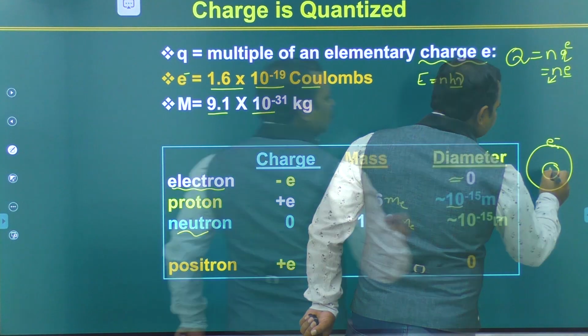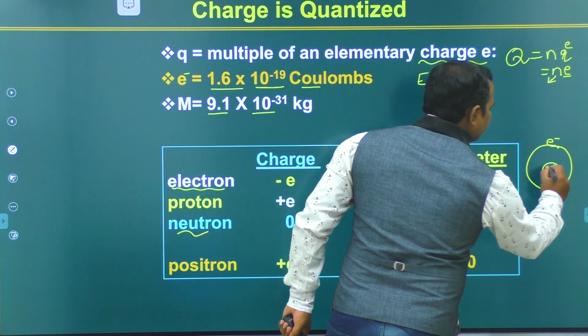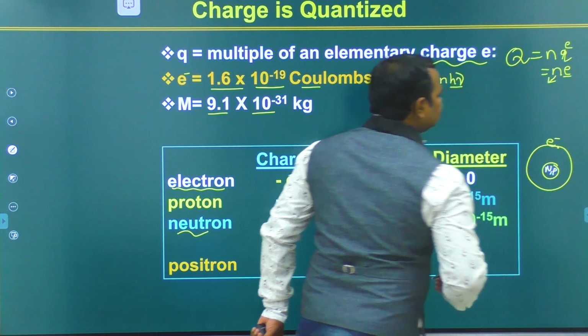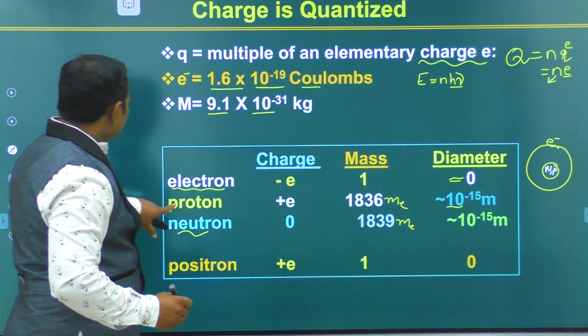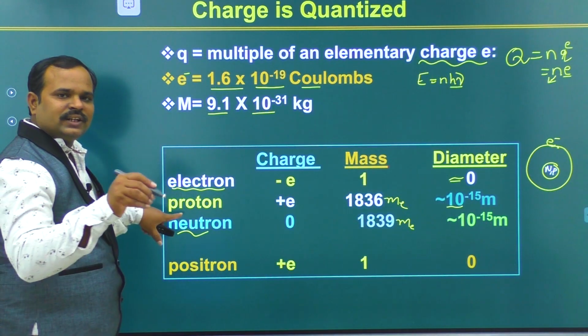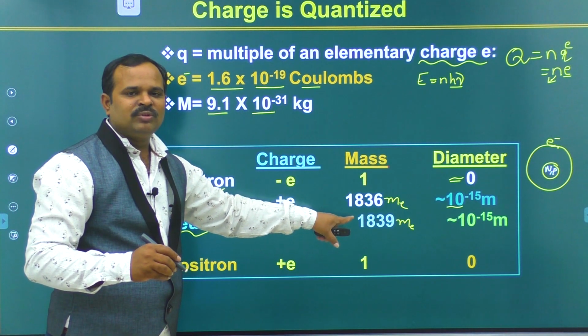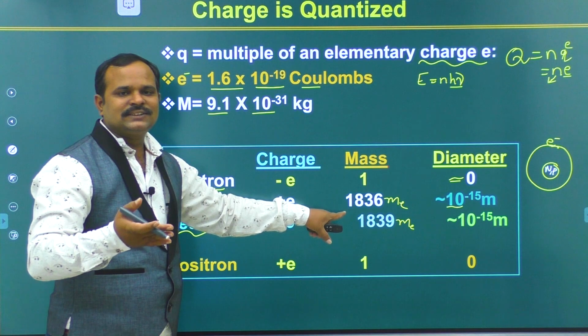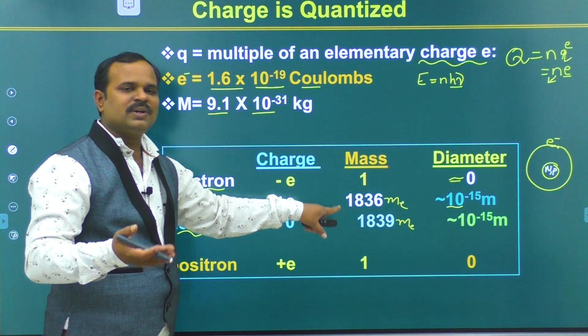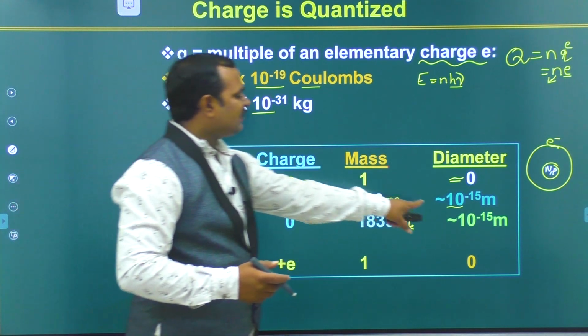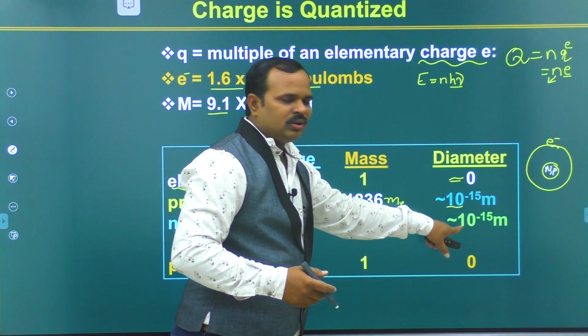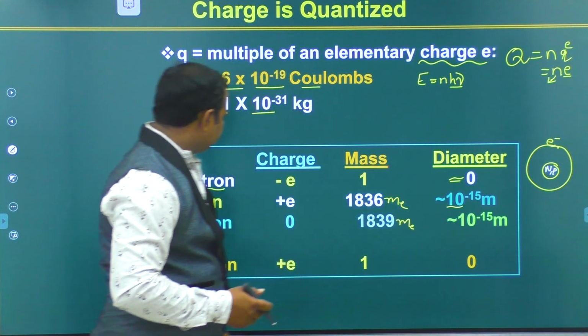This is the nucleus. So the nucleus contains neutrons and protons, and they have mass almost the same, which is equal to 1836 or 1839 times the mass of the electron. And also the size of the neutron is approximately 1 fermi.